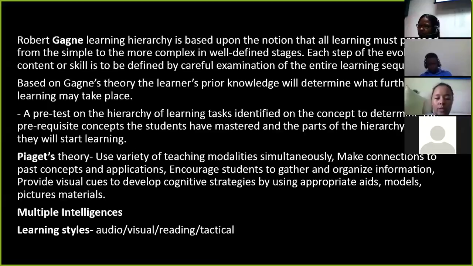We can do that using a concept map, and I'll explain further how concept maps can make connections from old concepts into new concepts. Concept maps also encourage students to gather and organize information. The concept maps can do that for the students.